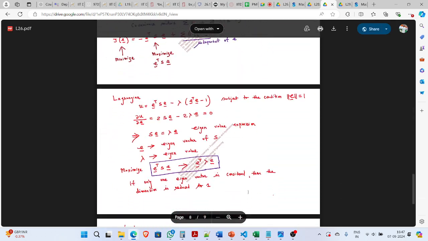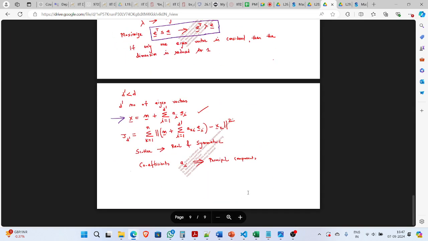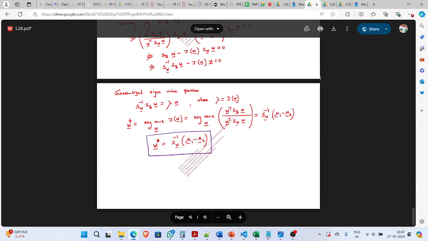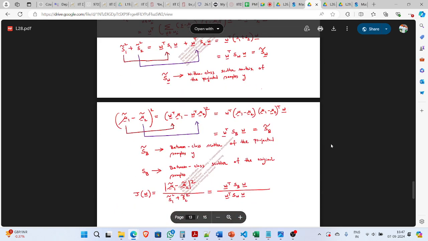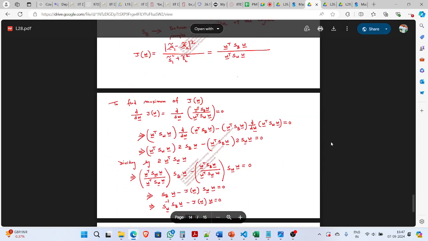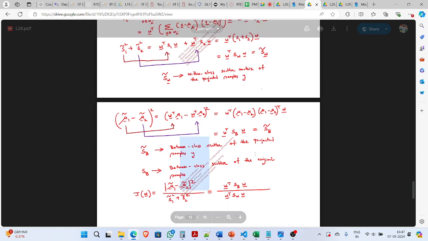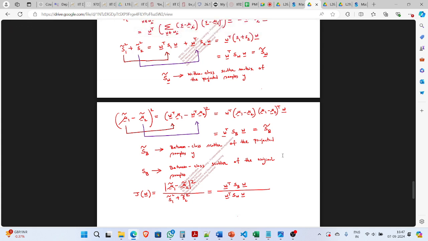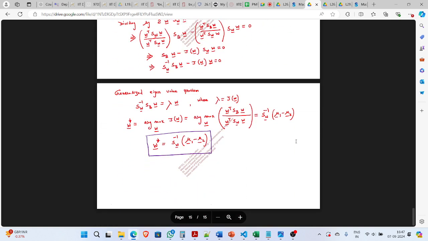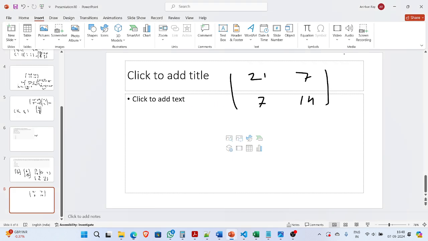So first we need to find W. As you can see here, SB bar is the between class scatter in the projected samples Y. So for projection we need to find the W, which is defined like this: SW inverse and this. So let's find SW inverse here.